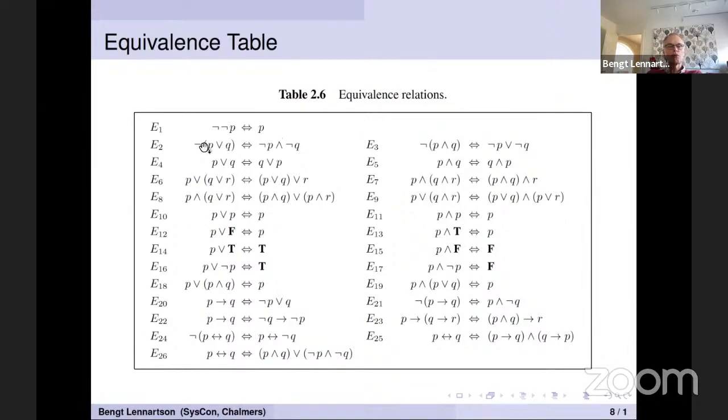Here also come some famous rules, for instance, De Morgan's rule, saying that the negation of an or condition is the and of the individual negations. And of course, you have the opposite, that if you have a negation of an and, you can express that as an or between the negations of the individual ones. That's quite a useful equivalence.